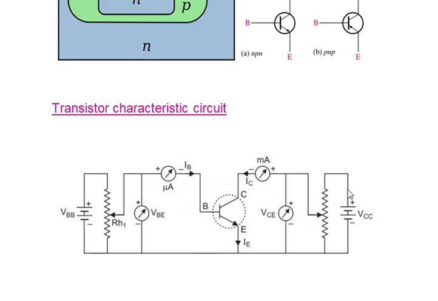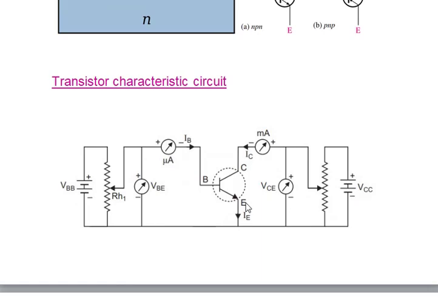The transistor characteristic circuit is as follows. It consists of an NPN transistor. The emitter of the NPN transistor is grounded. The base is given forward bias using the base biasing voltage source VBB. This voltage is controlled using the rheostat RH1.